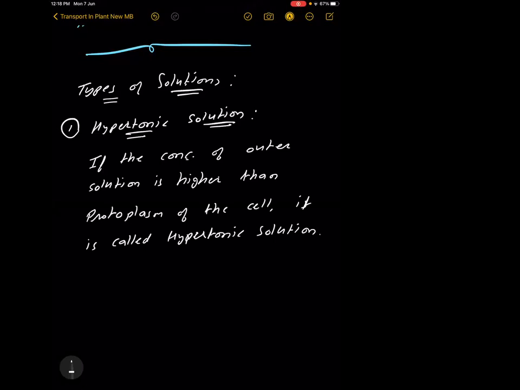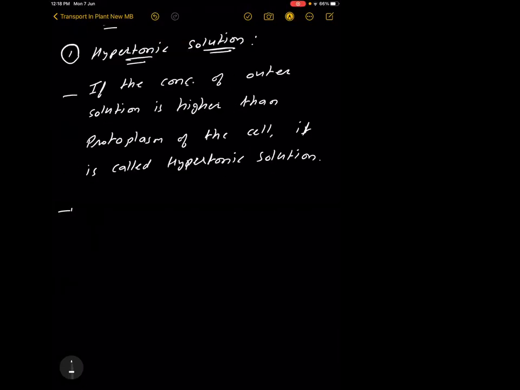And it shows exosmosis. Water moves out from the cell or from the protoplasm. This is called exosmosis.